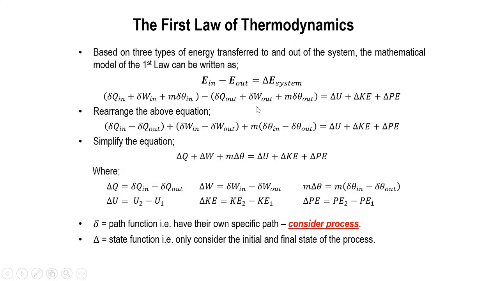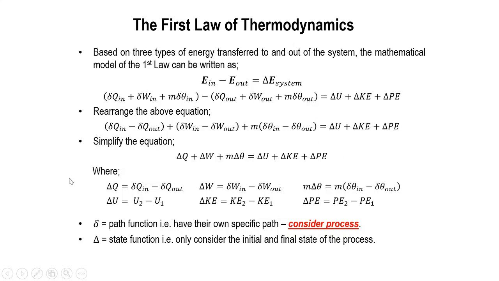Then we can rearrange the equation above, something like this. We have the general equation. Then simplifying the equation, we have the net heat, net work, and net mass flow, giving the accumulation of internal energy, kinetic energy, and potential energy.